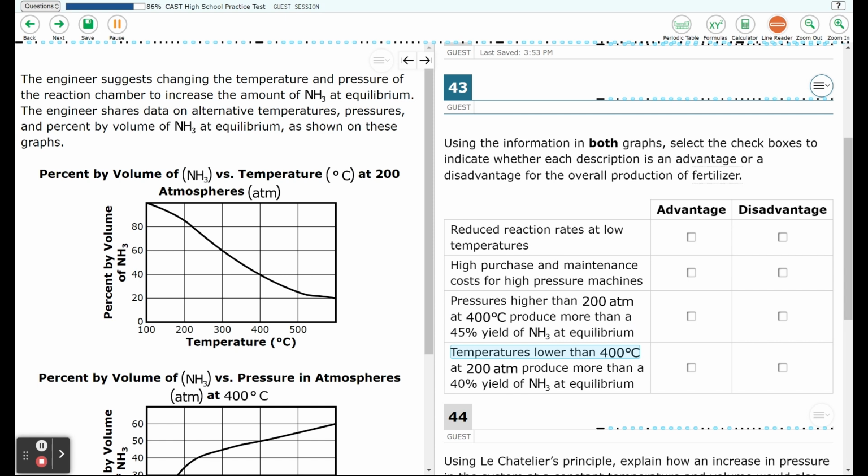Temperatures lower than 400 degrees Celsius at 200 atmospheres produce more than a 40% yield of NH3 at equilibrium. Go ahead and make your choices. Each one choose advantage or disadvantage.